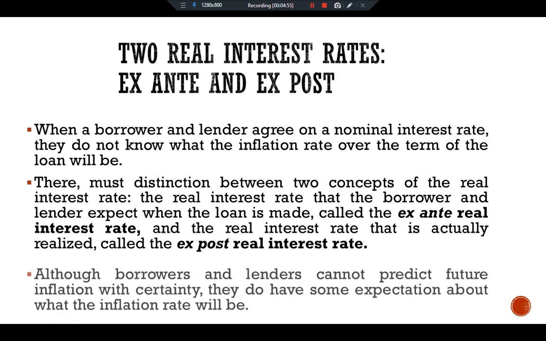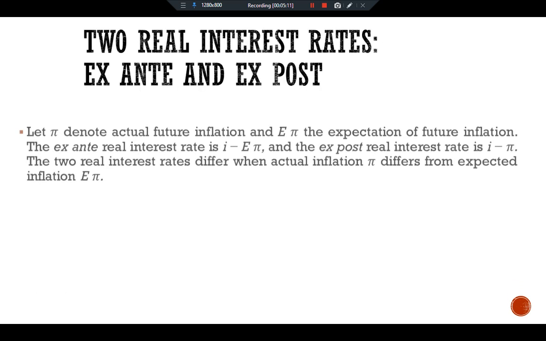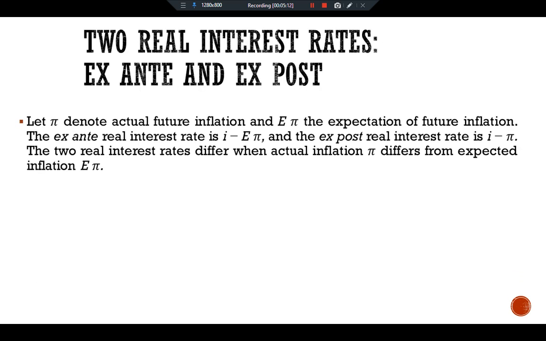Although borrowers and lenders cannot predict future inflation with certainty, they do have some expectations about what the inflation rate will be. Let pi denote the actual future inflation, and E pi the expectation of future inflation.